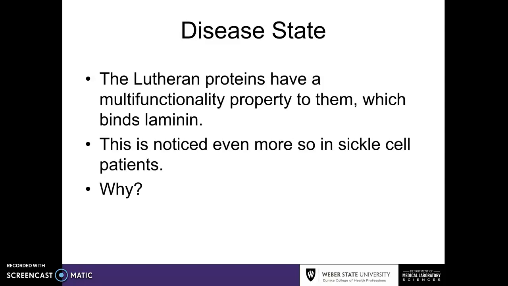Something interesting is Lutheran proteins have a multifunctionality property to them, which means that they don't just act as, oh, look, I'm Lutheran. They can also bind laminin, which is a protein in the serum and on other tissues or cell types that helps to bind different things.